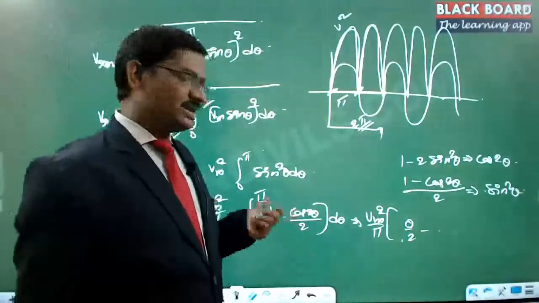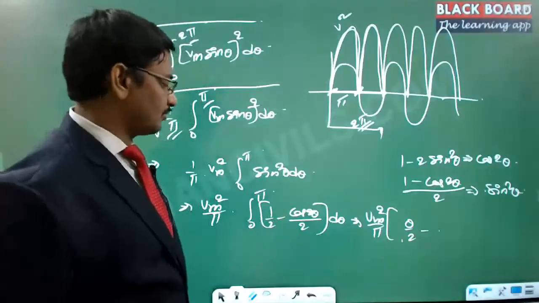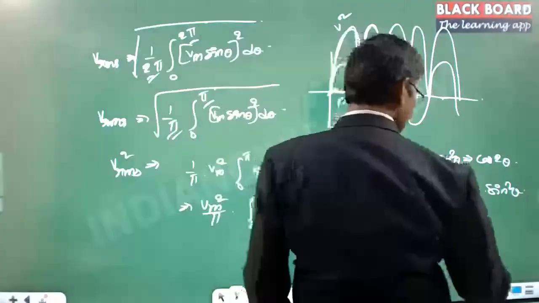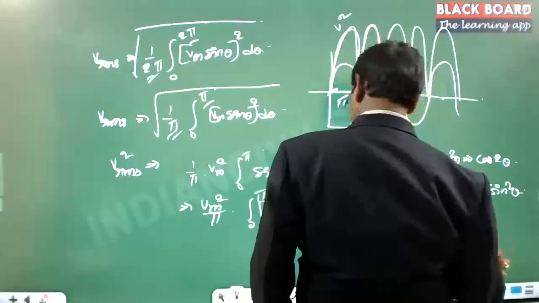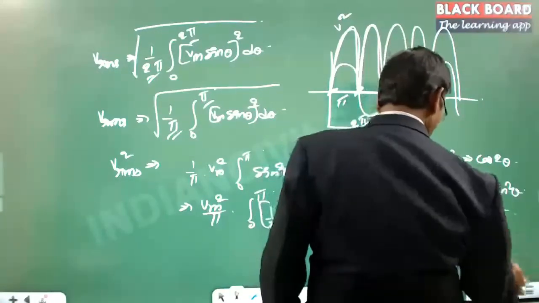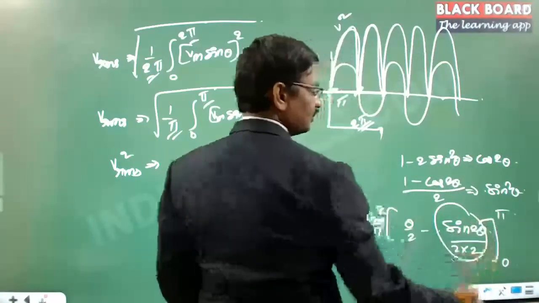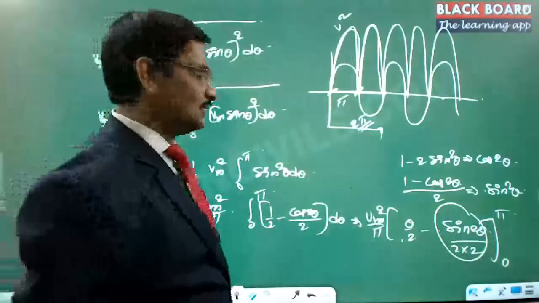So this is Vm square by pi into theta by 2 minus, since the integral of cos theta is sine theta, sine 2 theta by 2 into 2, with upper limit pi and lower limit 0. Now at the upper and lower limits this portion will be 0, since sine 2 pi is 0 and sine 0 is also 0.